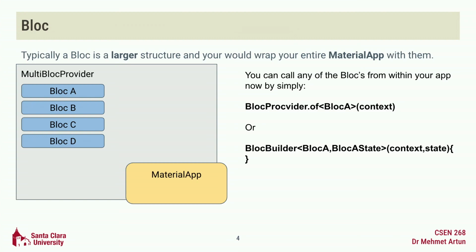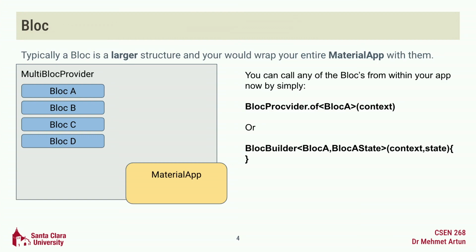Just like we had repository provider, we are now able to get them with the BloC provider of a certain block type. So if I'm looking for this block, I write BloC provider of this block type of context.